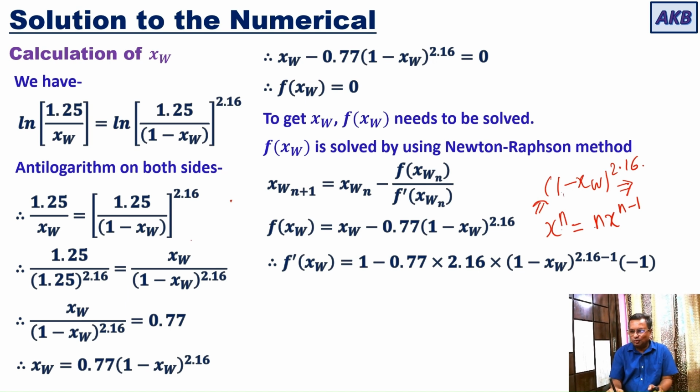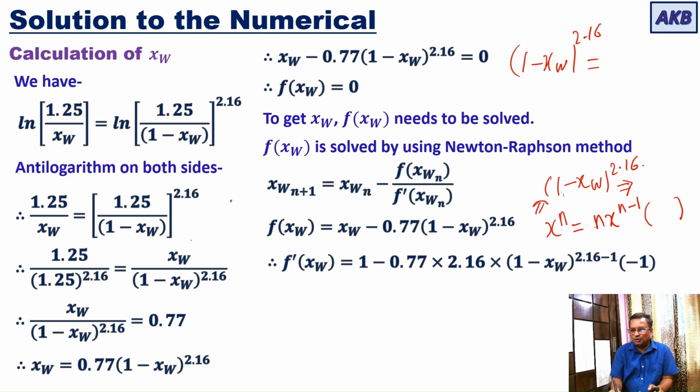you can use the formula for x raised to n, and the only thing is you will have to multiply with the derivative of the function. So, in this case, I'll write over here (1 - xw) raised to 2.16.